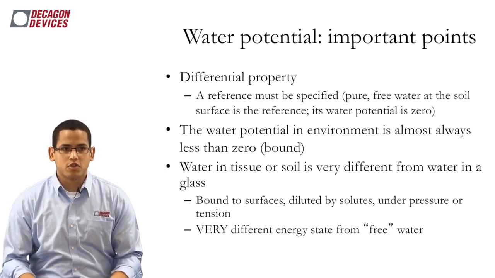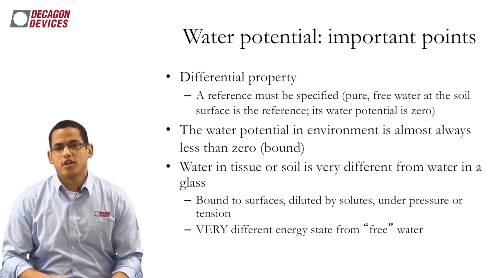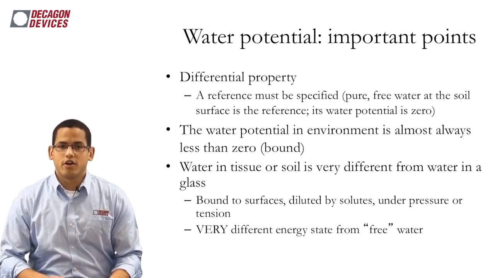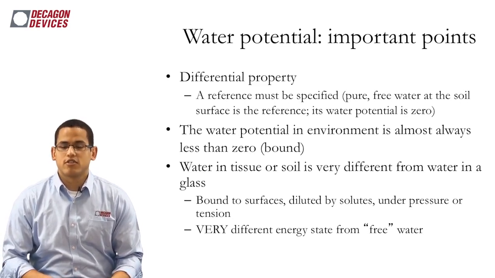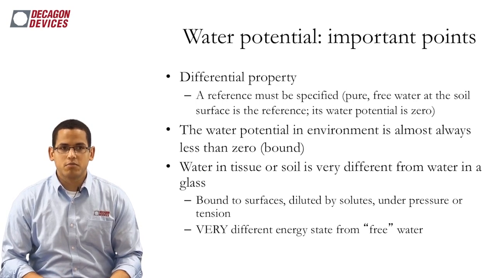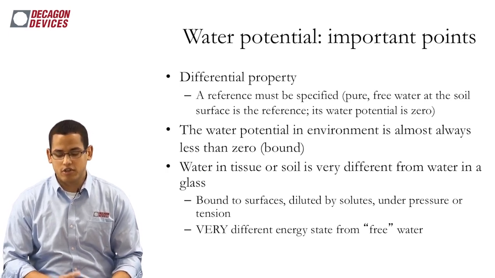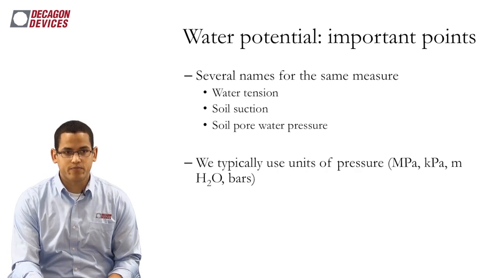In soil, we're dealing with water bound to surfaces, diluted by solutes, under pressure or tension. It's a very different energy state from free water, and that really provides issues when trying to measure water and understand how it moves through soil and how it can be taken up by plants.